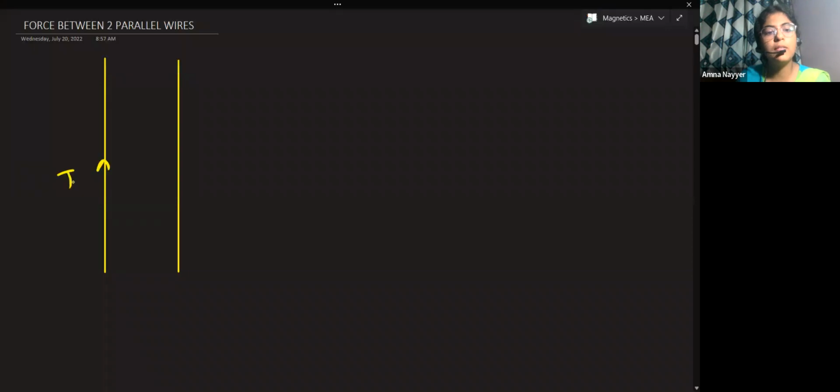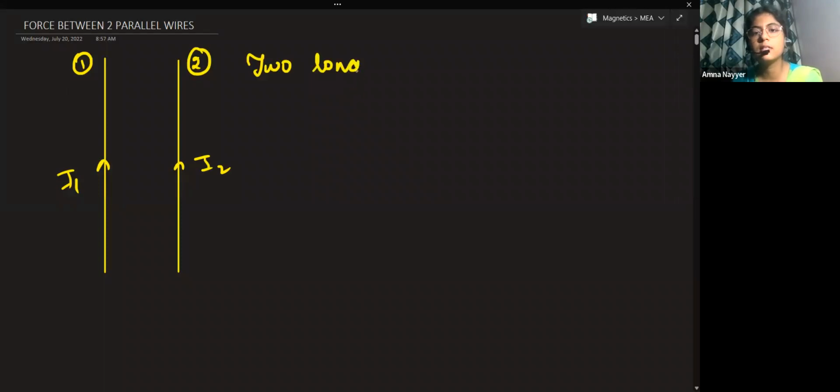This is one wire, I1. This is another wire, I2. This is the first wire. This is the second wire. So two long conductors are there, and let's say the separation between them is small d.